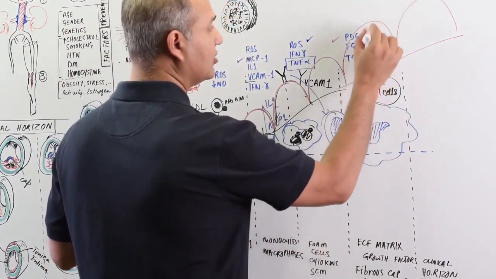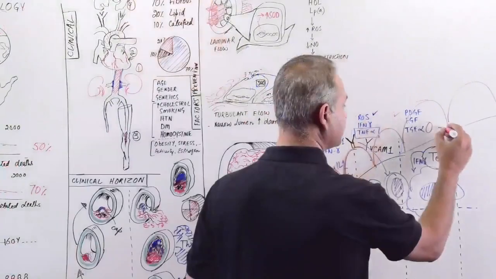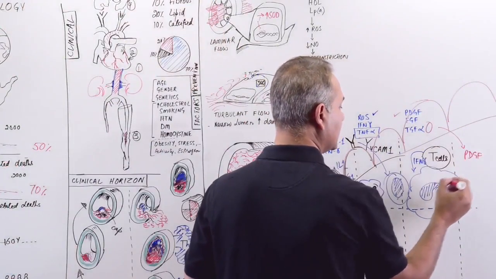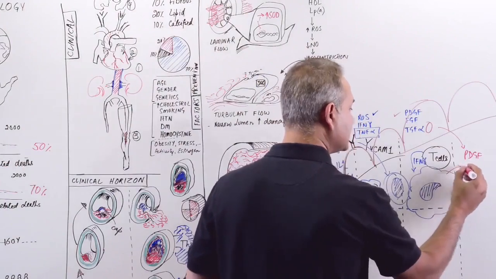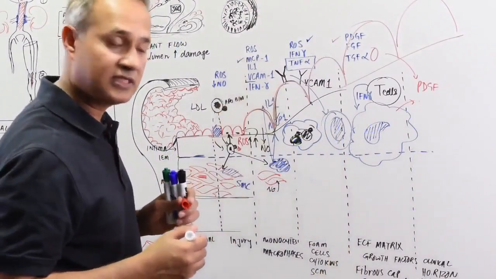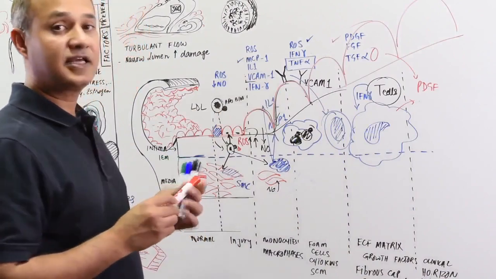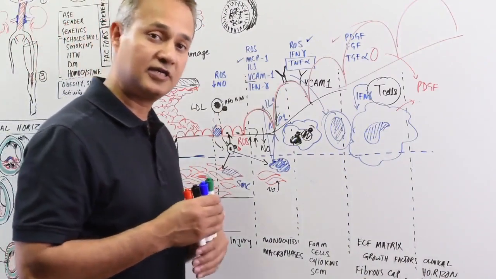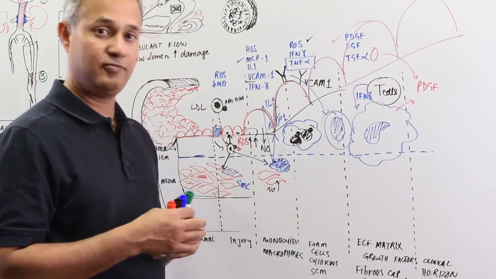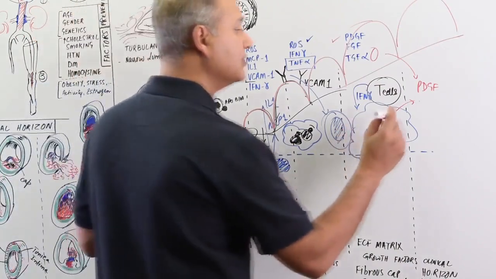So these endothelial cells are releasing platelet derived growth factors. The macrophages are releasing that. Even other cells like the smooth muscle cells are releasing it. Then there are fibroblast growth factors that are being released. Then there are transforming growth factor alpha from macrophages that are being released.